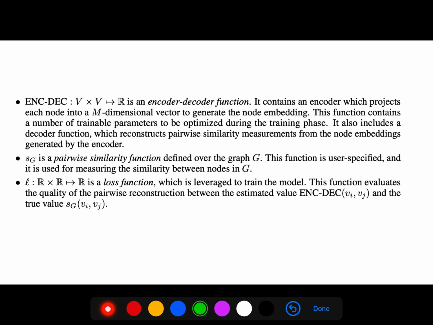This function contains a number of trainable parameters. S is a pairwise similarity function defined over the graph, and L is the loss function. So this function evaluates the quality of pairwise reconstruction between the estimator encoder-decoder and the true value between two nodes.